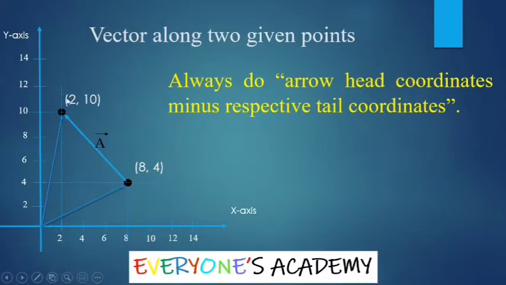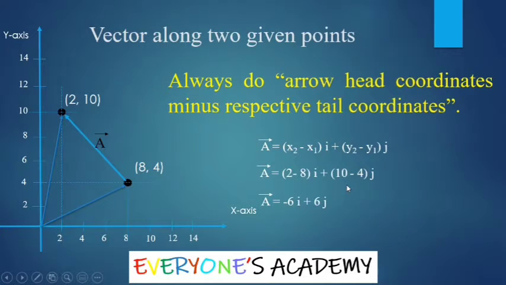Here arrowhead coordinates are 2, 10 and tail coordinates are 8, 4. So subtracting respective coordinates we will get (2 minus 8)i plus (10 minus 4)j. It becomes minus 6i plus 6j. So this way one can calculate the vector passing through two different points.